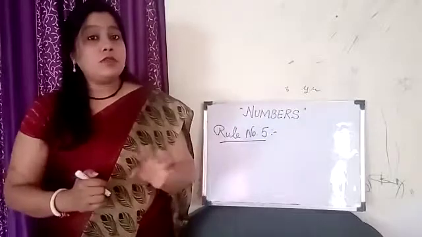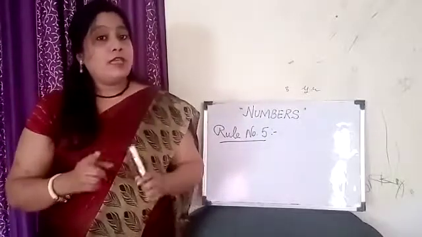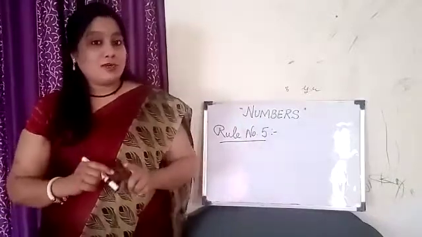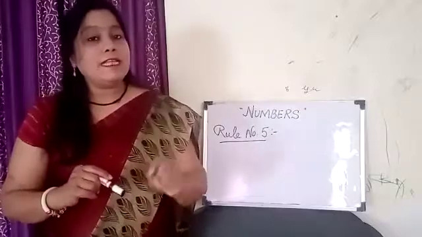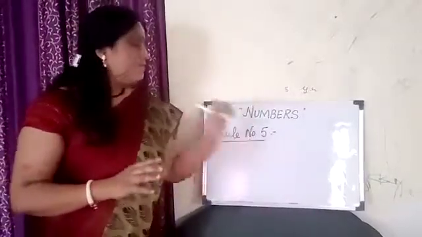And the fourth rule was when there is a vowel just before the y in the noun, then that noun is converted into its plural form by adding a simple s. Now this is the fifth rule.